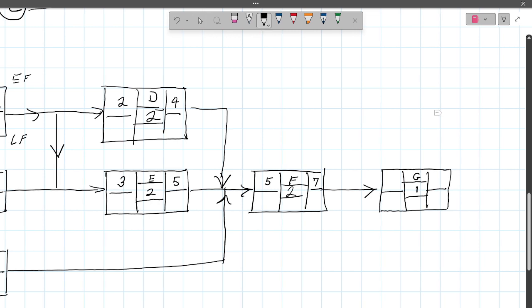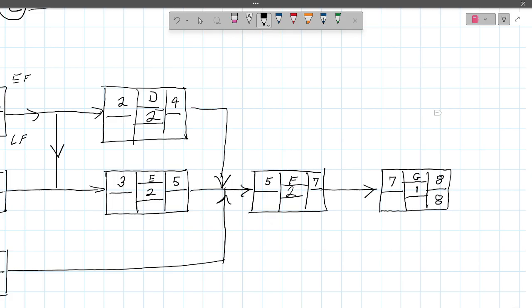Okay. There's no predecessors besides F for G, so we carry the 7 over. 7 plus 1 makes an 8. Okay. The 8 comes down to the late finish.